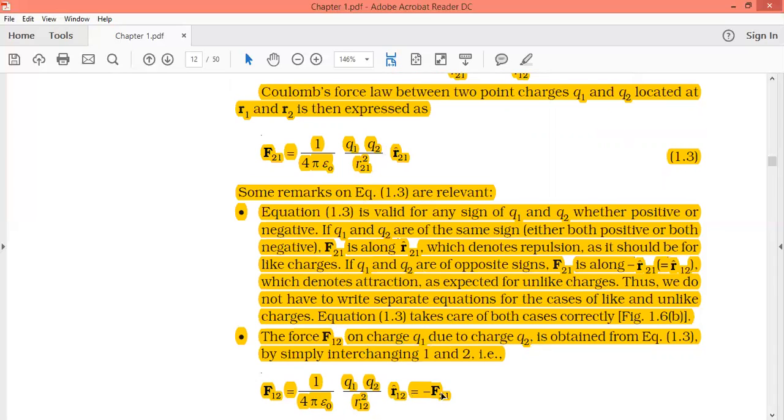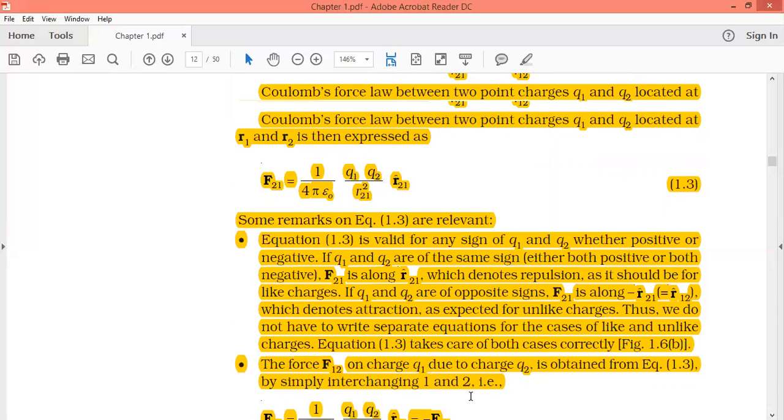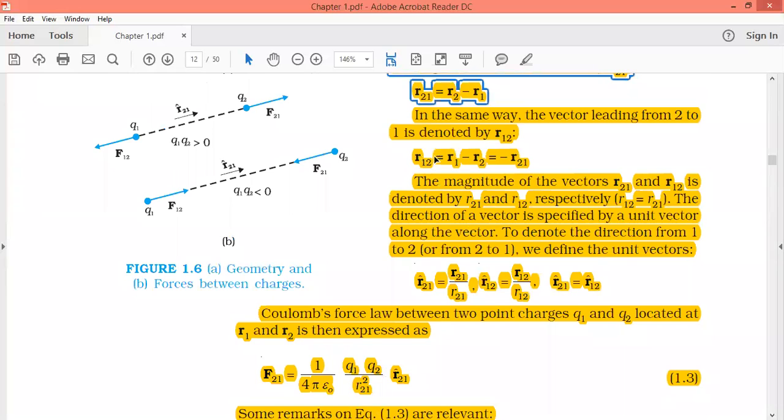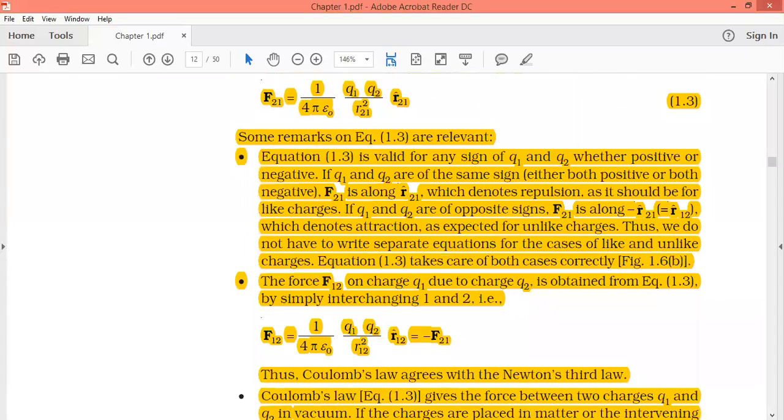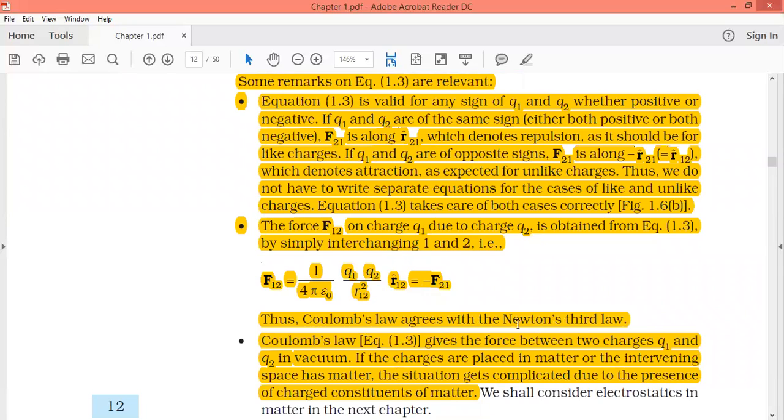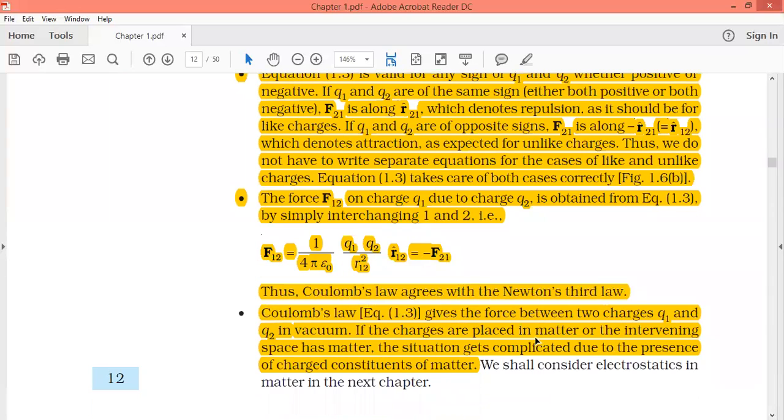It is just the negative of F21, because R12 will be equal to minus R21, and the magnitudes of R12 and R21 are the same. So F12 will be equal to minus F21. So Coulomb's law agrees with Newton's third law. You know what Newton's third law is, no? Coulomb's law also agrees with Newton's third law.